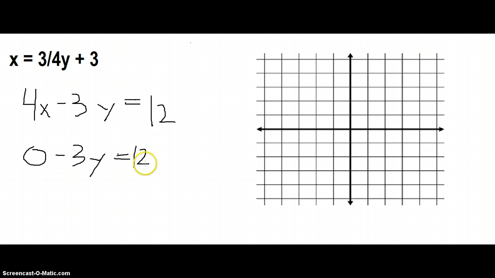Okay, and now we can cut this out. Now it's just simple. Y equals -4.